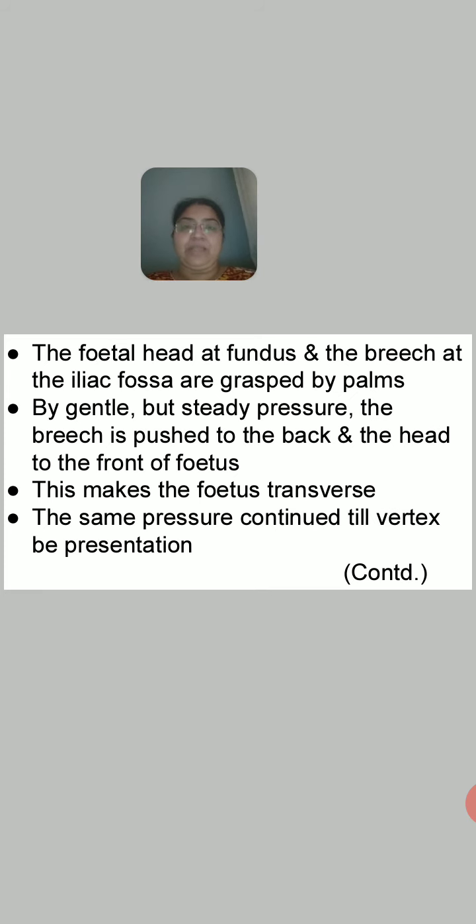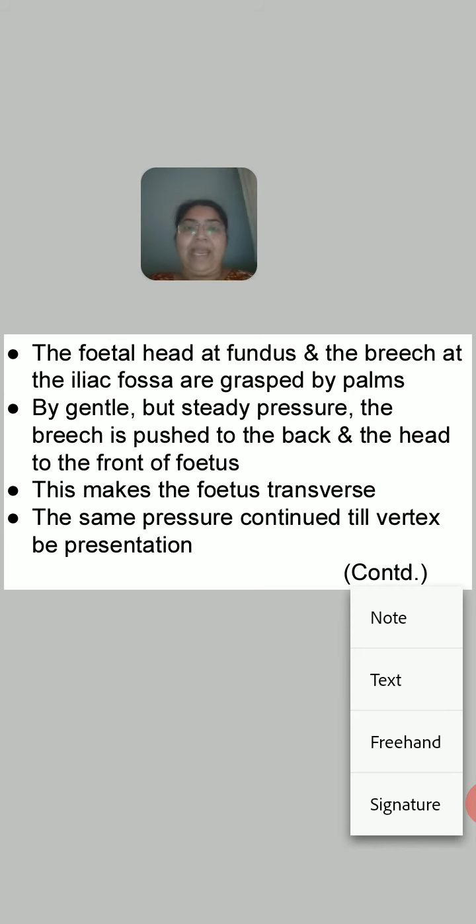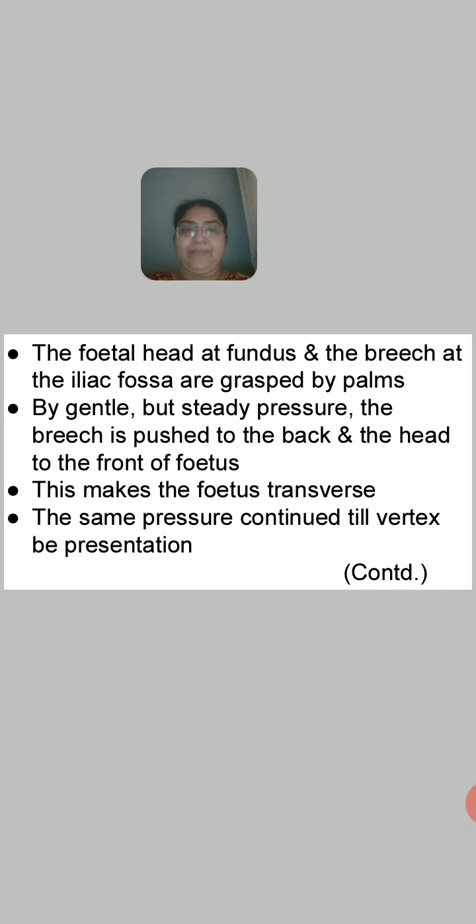That means in the LSA position, you are pushing the buttocks upward towards the left side and the head downward towards the right side.